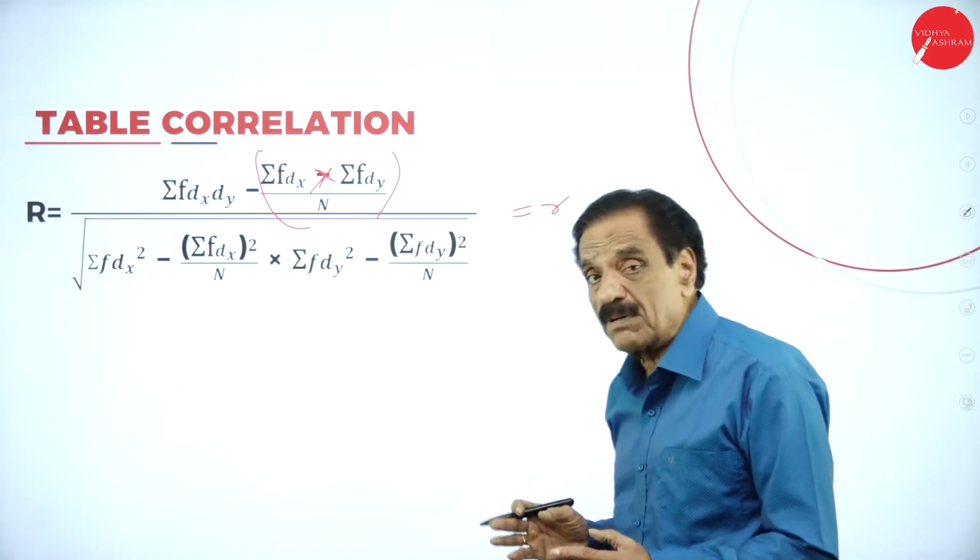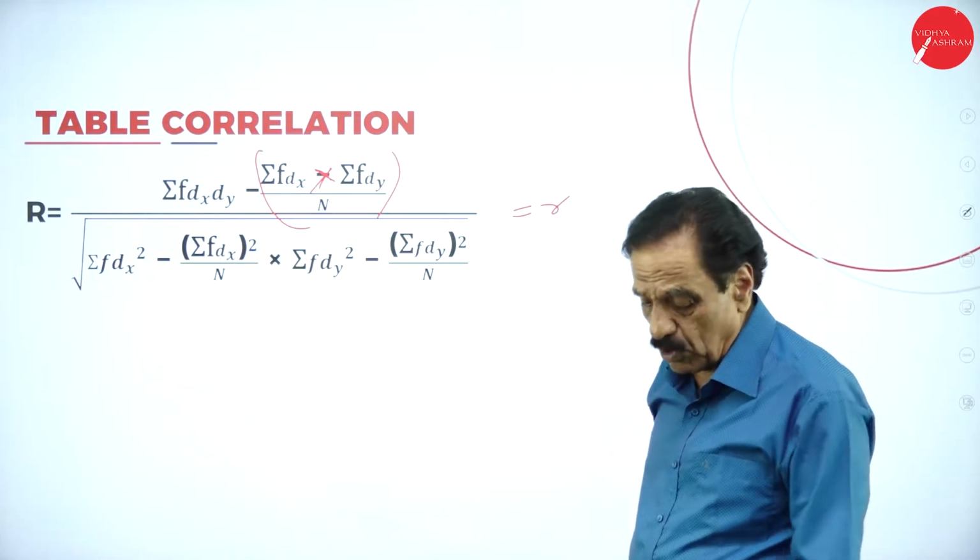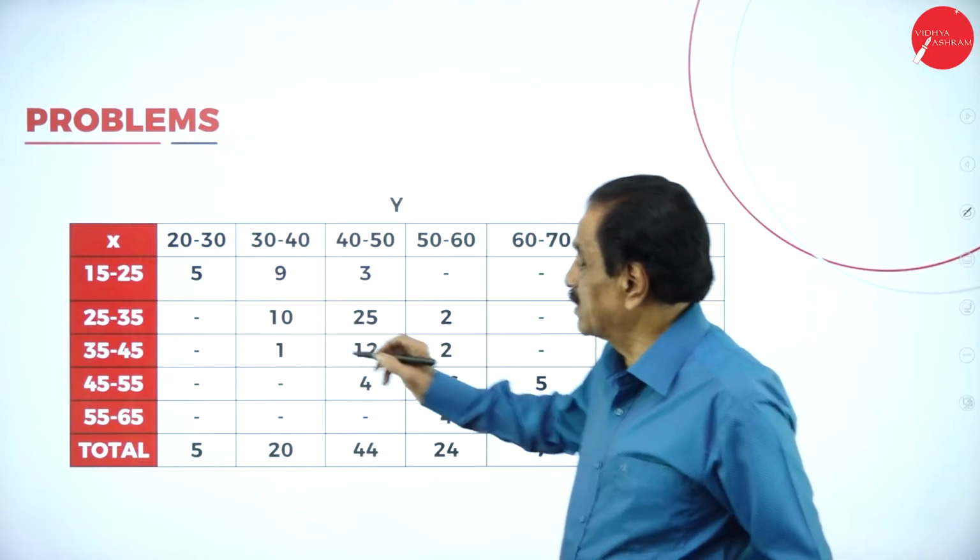So this is the formula for that. Slowly we'll construct the table.